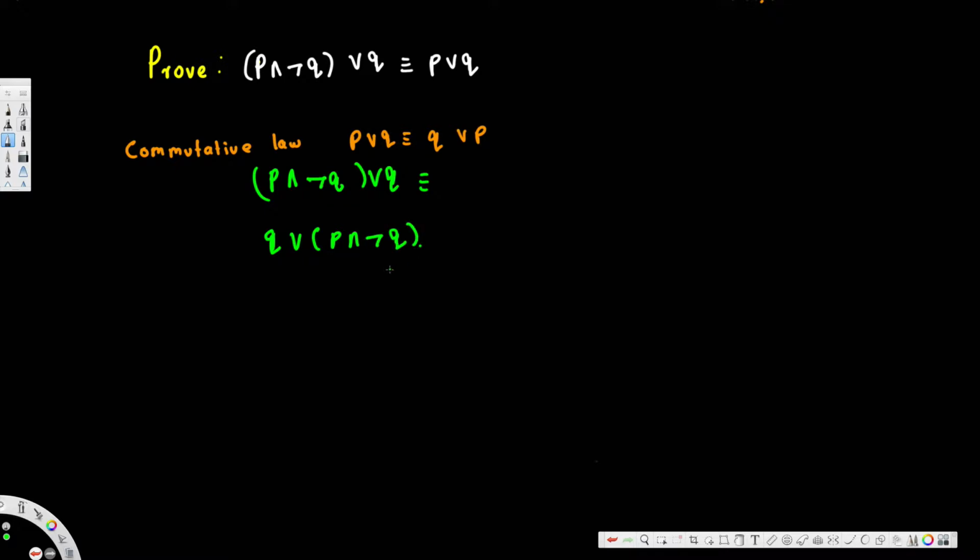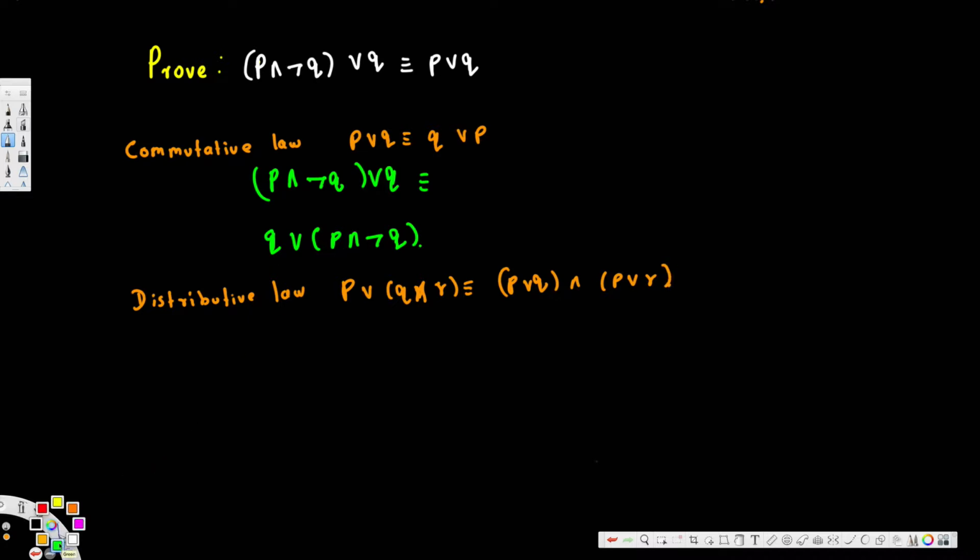The next thing is we can use a distributive law. Now let's look at an example for that. Distributive law says when we have P or Q and R, it can be written as P or Q, and P or R. Now we are going to do the same thing for this one.